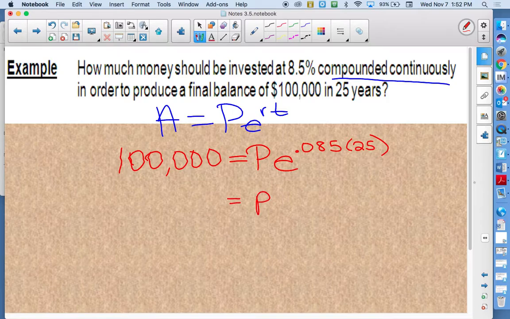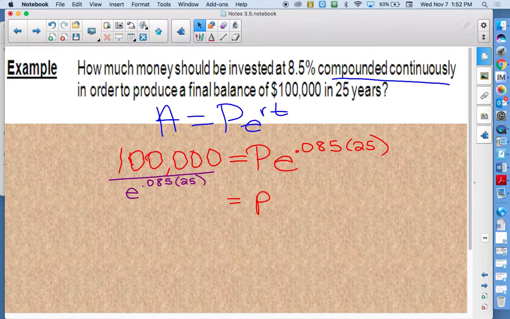So to get P by itself, we have to take this e to the 0.085 times 25. Again, don't round. Take that whole number. So we're taking 100,000 divided by e to the 0.085 times 25. Do you know where the second answer button is on your calculator?